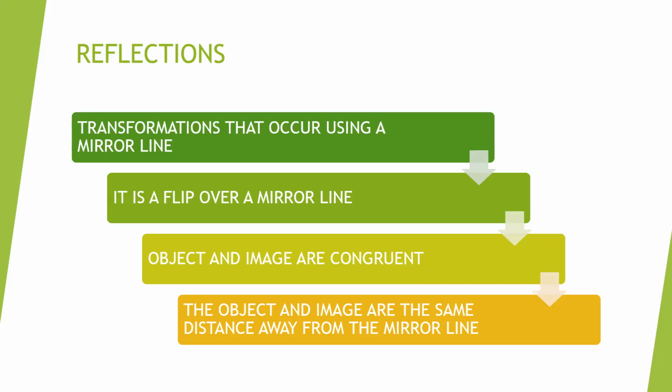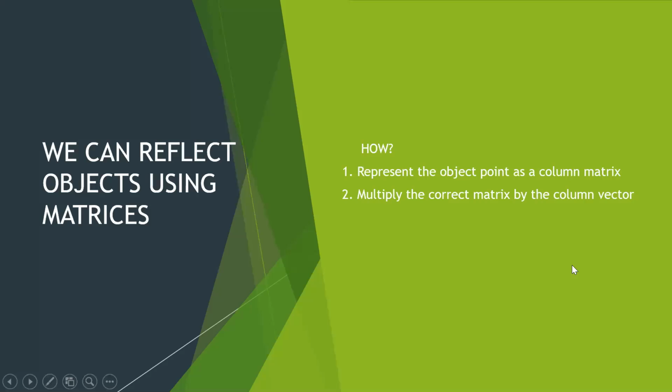They will end up looking exactly the same shape, same size, same everything. The only thing that changes is that one will flip over, so you will notice that across the mirror line it will be pointing in opposite directions because it flipped over. The object and the image are the same distance away from the mirror line. Okay, that's our quick revision.